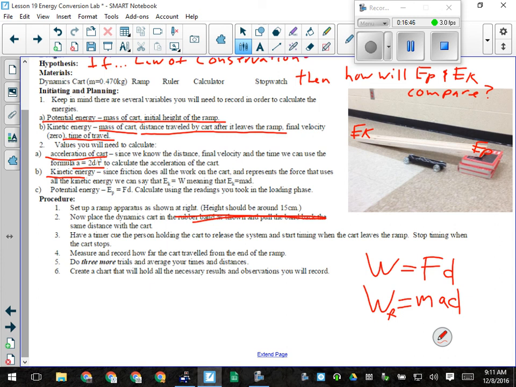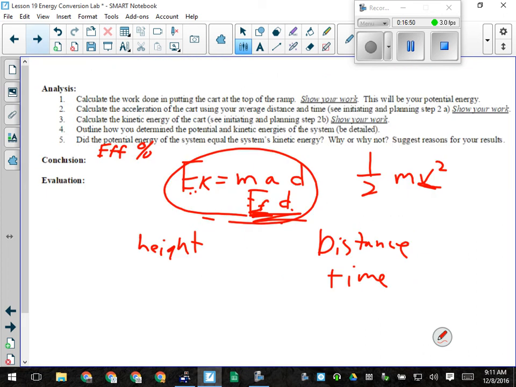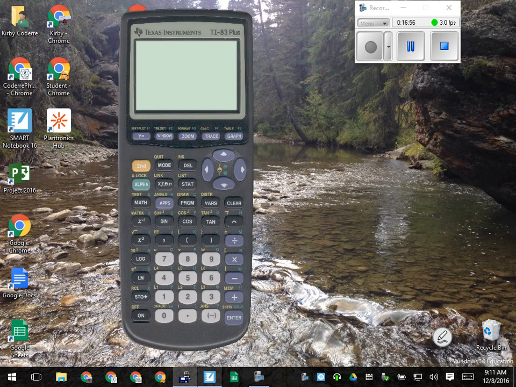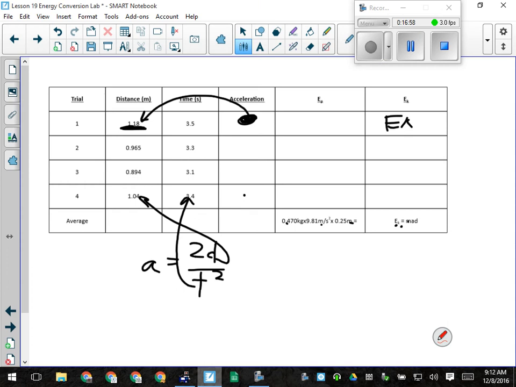Then you'll have a chart that looks like the one in your lab. So distance traveled, the amount of time that took, and then we use that to calculate the acceleration using this formula here.